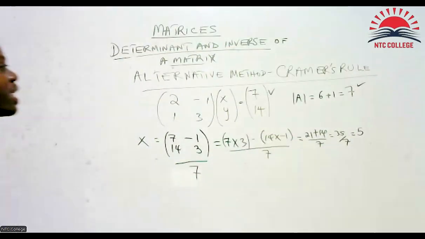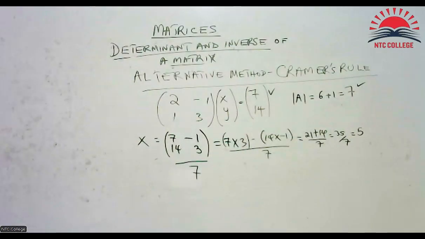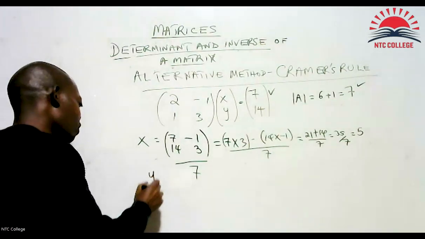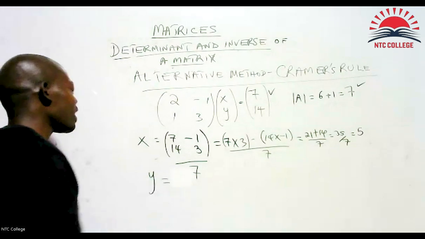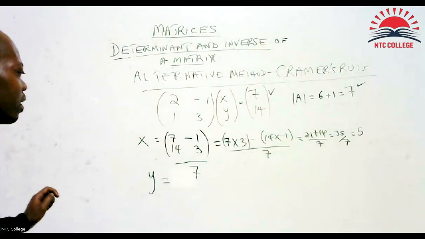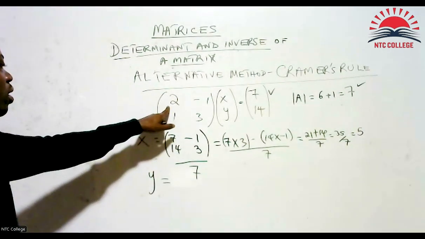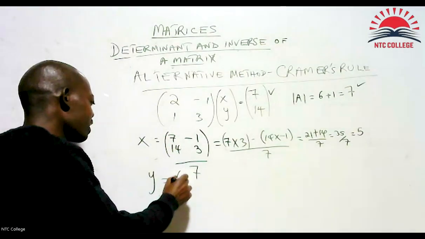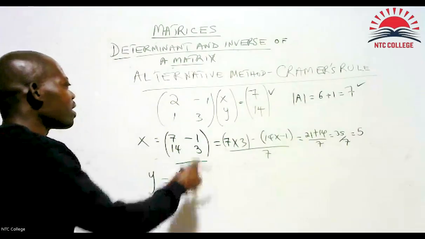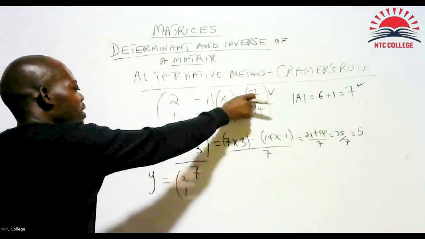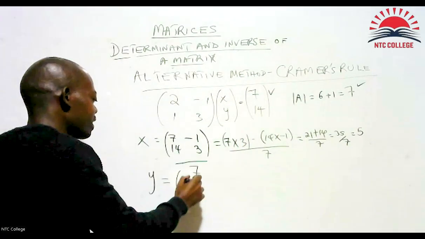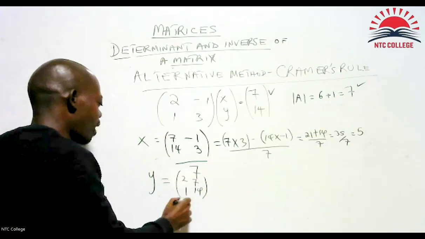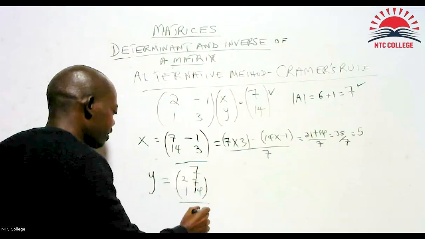Just like we obtained it using the inverse method. To obtain y, just to continue, y should be given as follows. Cramer's rule. Retain column 1 in the original matrix, 2, 1. Replace column 2 with the column vector matrix 7, 14. Divide by the determinant 7.